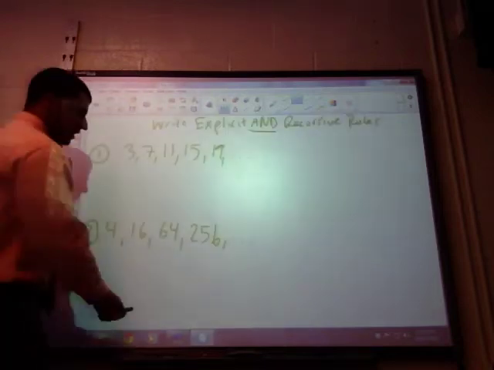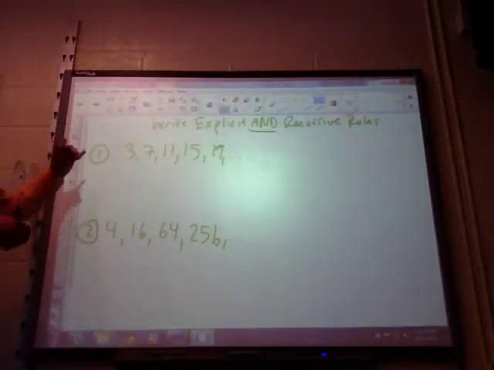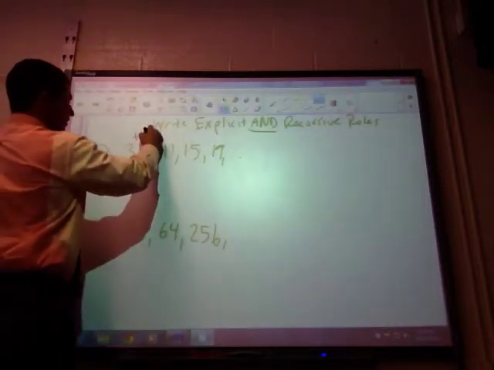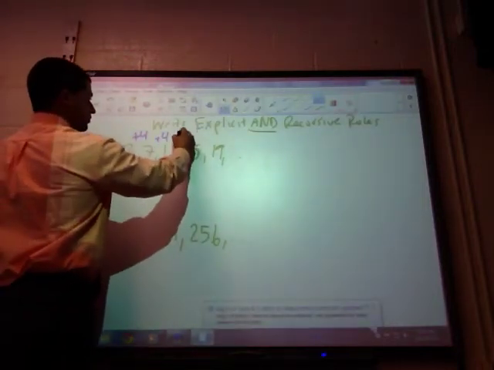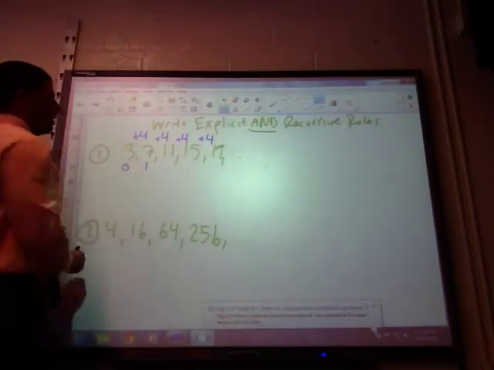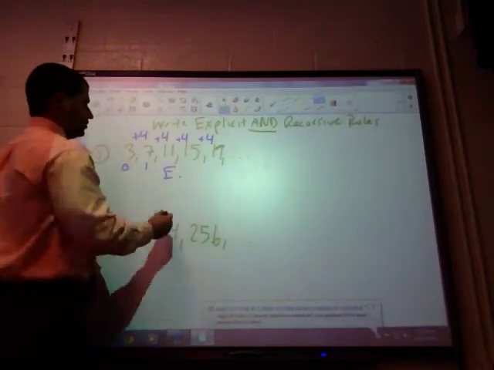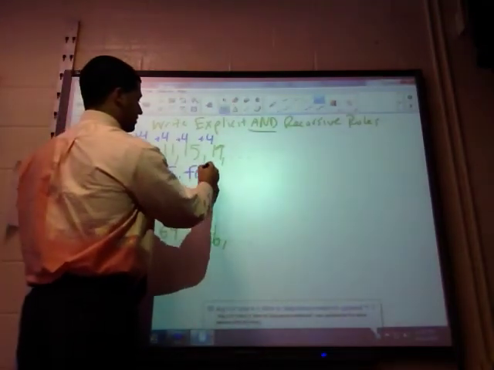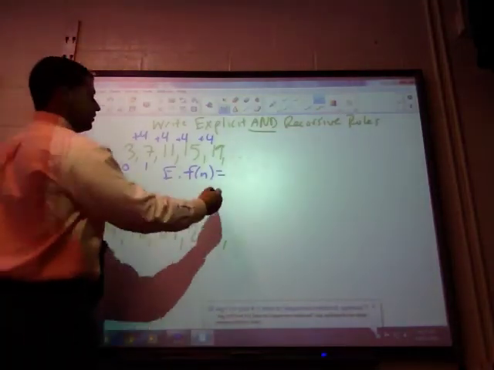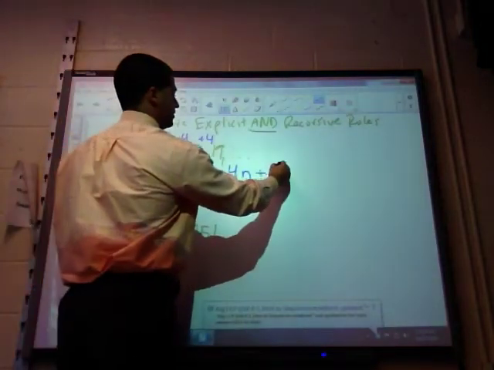All right, so if I give you just a sequence, and I ask you to write the explicit and recursive rules, this should be the easiest because all the information's here. You can see on this one that you're adding 4 each time. You can see your f of 0, you can see your f of 1, so it should be pretty easy to write the rules. Explicit, you would say f of n equals, and since you're adding, it's arithmetic, 4 times n plus 3.